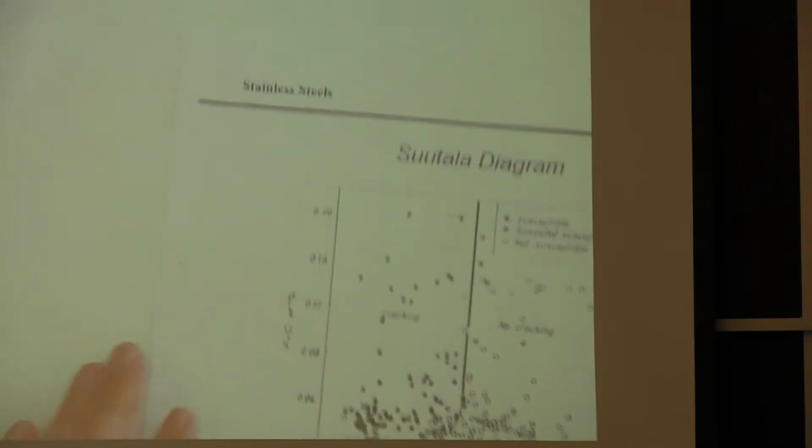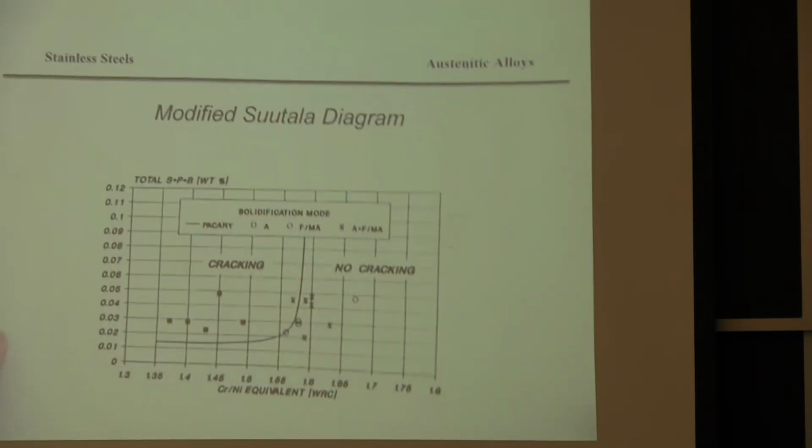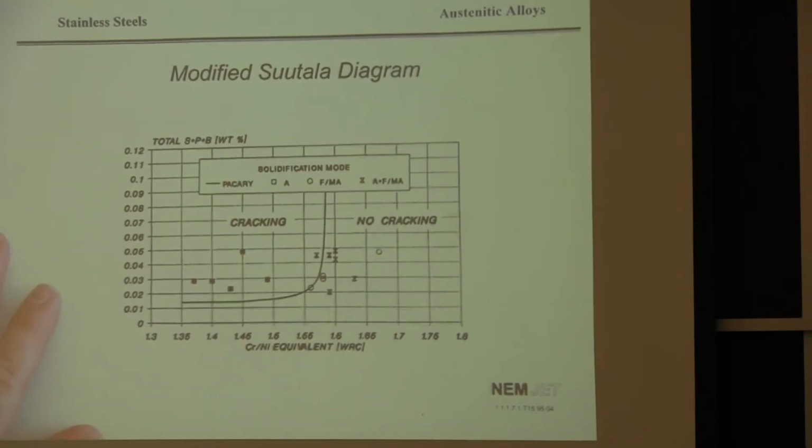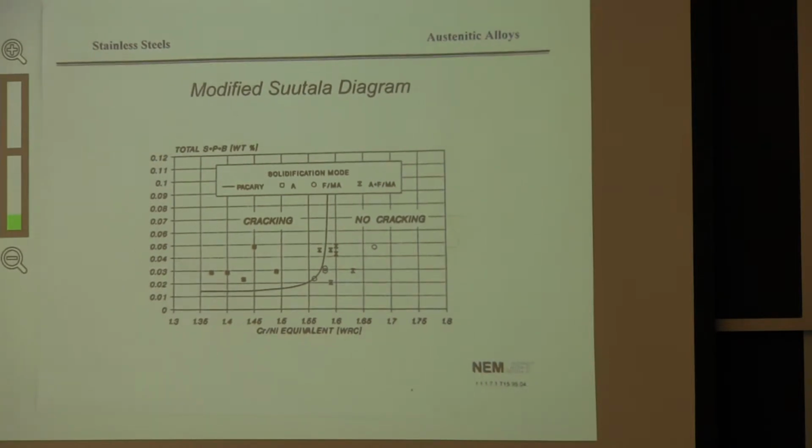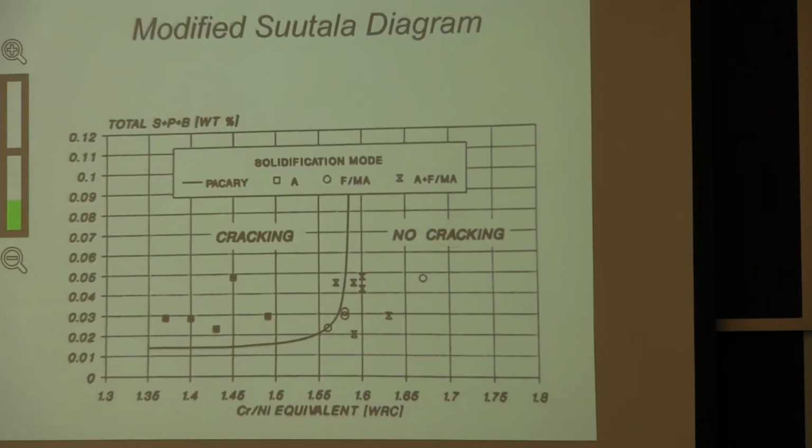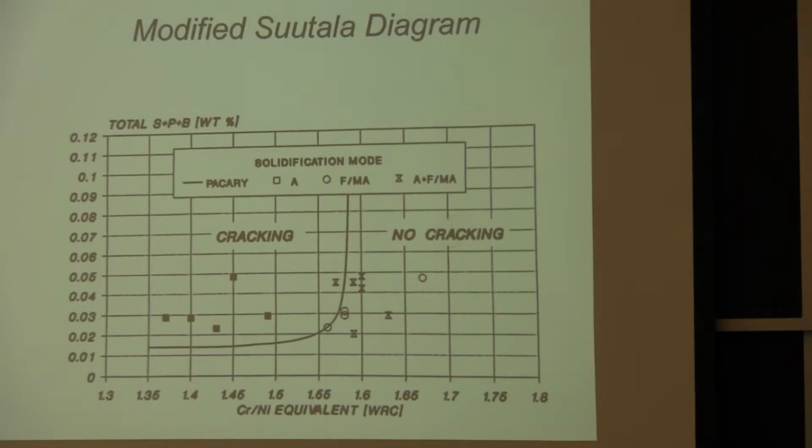But when people started using laser and electron beams to weld, they noticed that the Suutala diagram didn't always work, and so more research was done. Something called a modified Suutala diagram was developed, and you can see that the solidification mode actually shifts to where you need to be over to about somewhere around 1.7, somewhere between 1.5 and 1.6 to get to no cracking versus cracking.